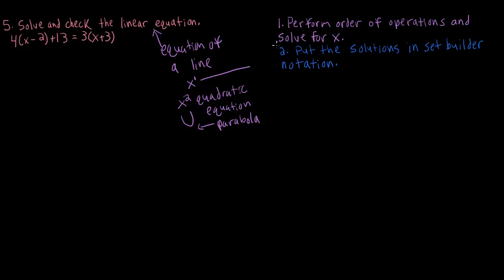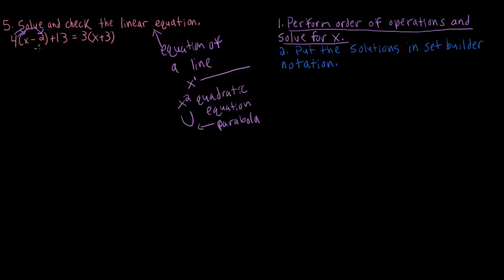Okay, so step 1, perform order of operations and solve for x. So pretty much PEMDAS. Let's start with the P for PEMDAS, parentheses. Let's go ahead and distribute these.